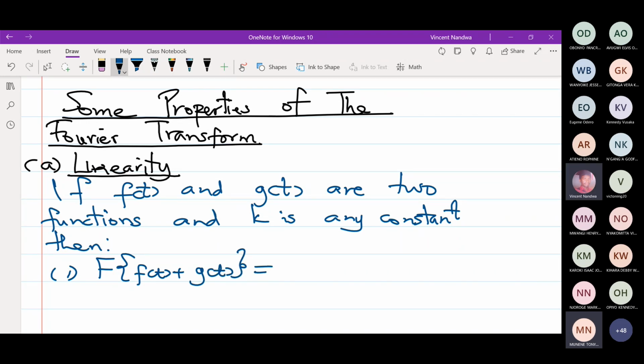Who can guess the answer to this? What do you think will be the Fourier transform of sum of two functions? It's the Fourier transform of f of t plus the Fourier transform of g of t. Correct. So Fourier transform of f of t plus Fourier transform of g of t.